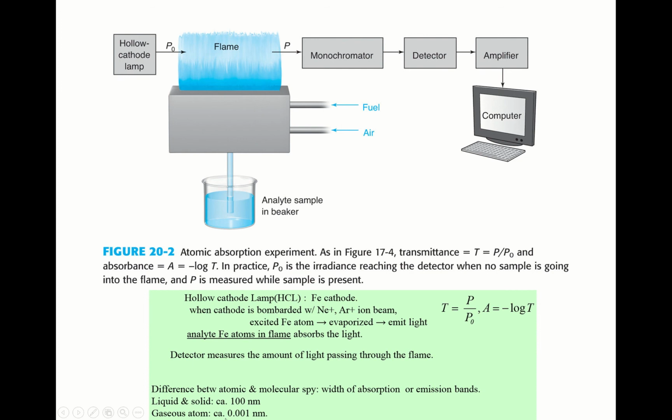Here, for the liquid and solid sample, the width of absorption is about 100 nanometers. This is a very wide wavelength range. But for gaseous samples, usually the spectra are very sharp.